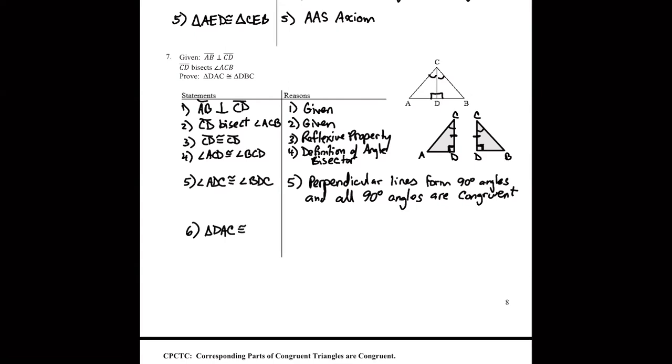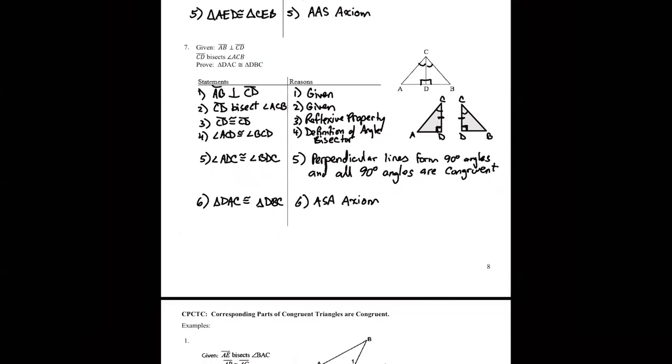So triangle DAC is congruent to triangle DBC, and that's by the ASA axiom. So every statement gets a reason. One of those reasons is going to come from the table in some capacity. It's just a question of how.